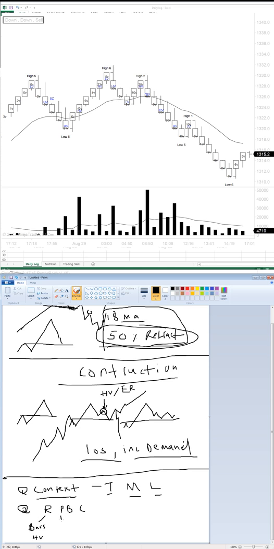And the pullback, you definitely want structure. But in the bar charts, it may be a little more complex corrections that have crazy structures. But anyway, you want contraction, and that will be in the form of a 50% retracement.